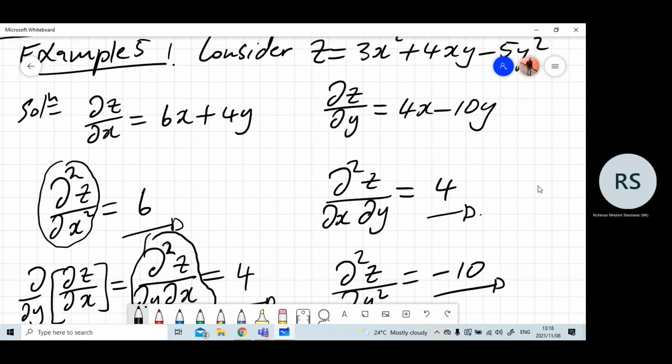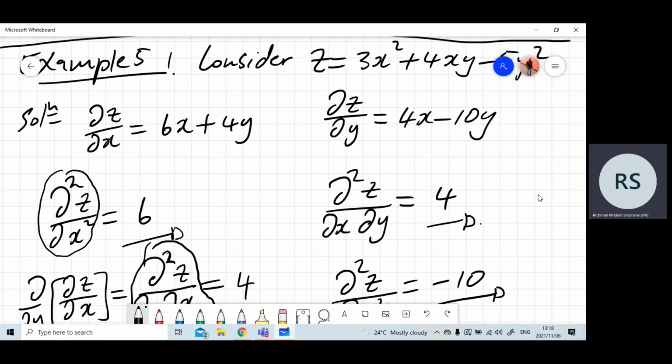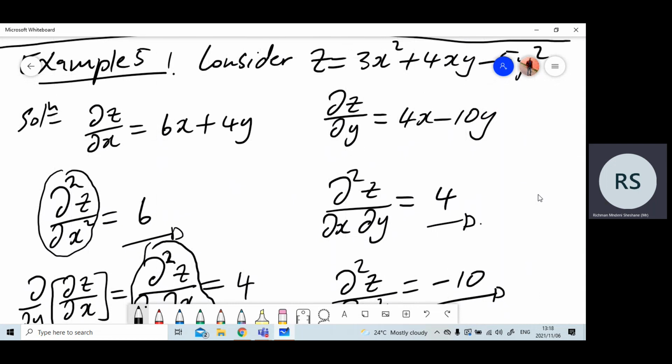So, this is a function of two variables. If you have two variables, you're going to have two first partial derivatives, right? You know that. If you have two variables, you're going to have 4 second partial derivatives.